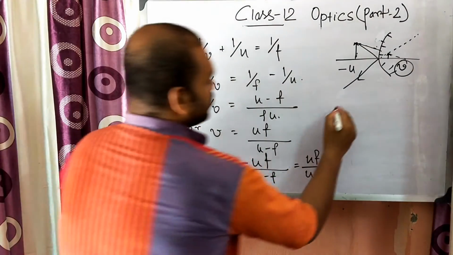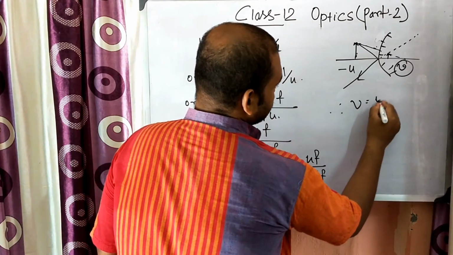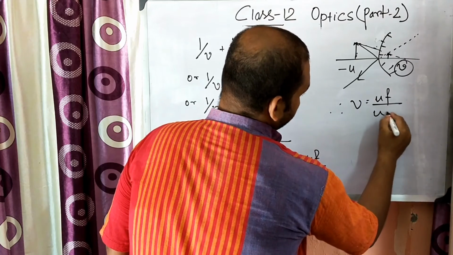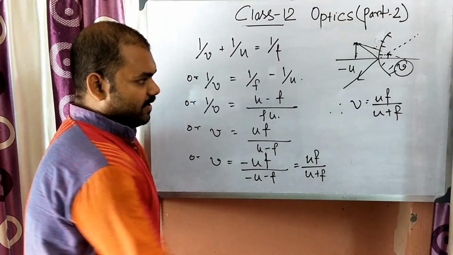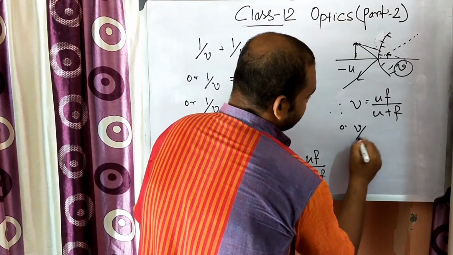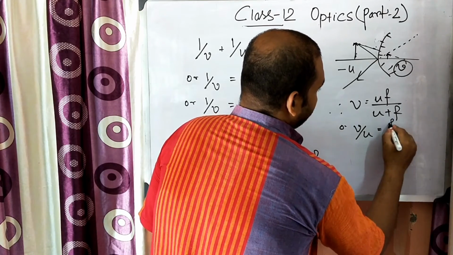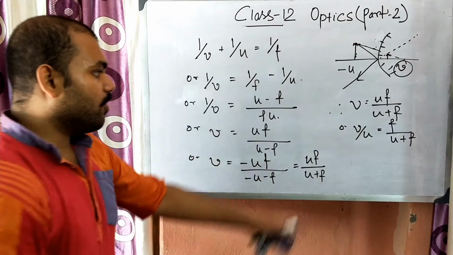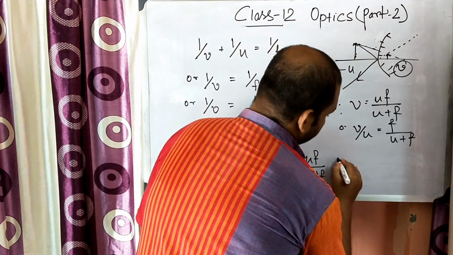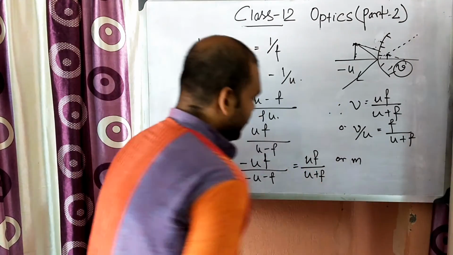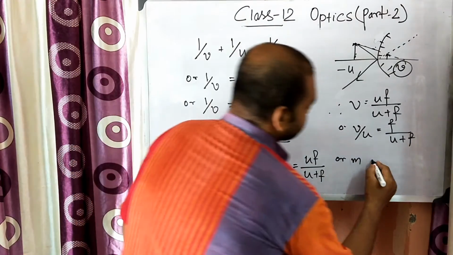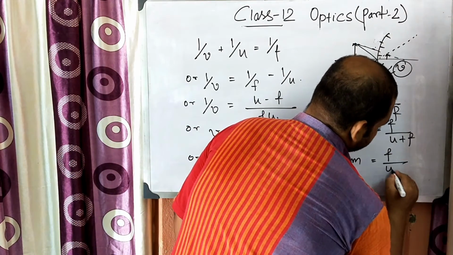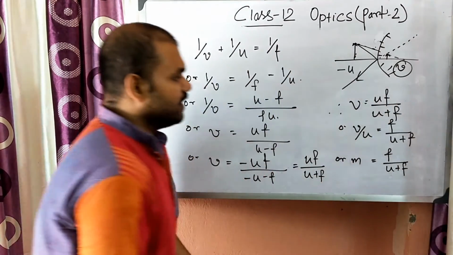So therefore we can write v is equals to uf by u plus f. So v by u is equals to f by u plus f. Now v by u is equals to m, or m is equals to f by u plus f.